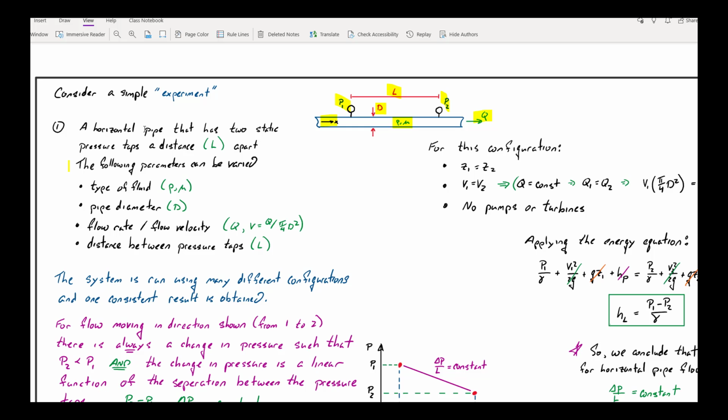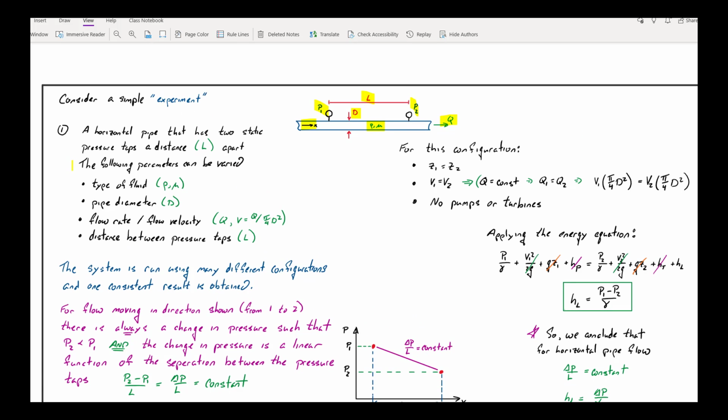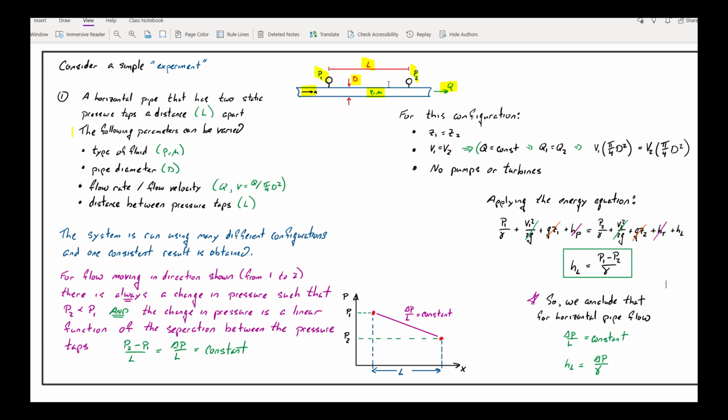All right, so what we're going to do here is first consider a simple example. This is something you could technically run in a lab, and these are the type of experiments that were run. We have a pipe with a constant diameter, and we have pressure taps at P1 and P2.